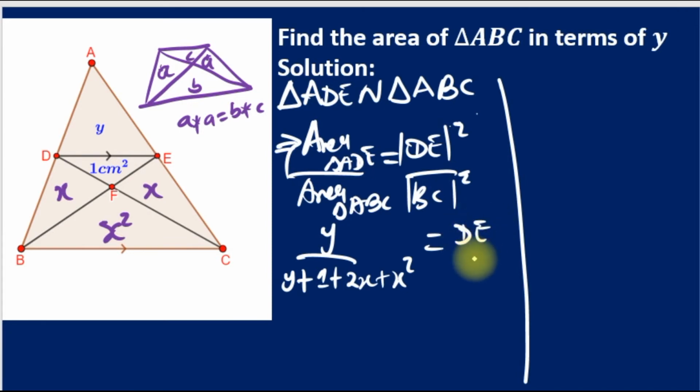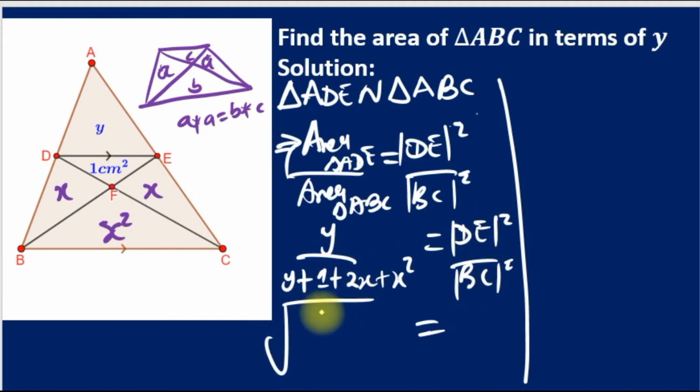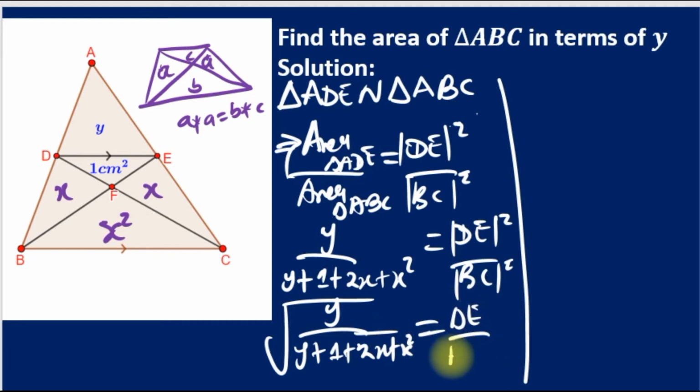DE squared over BC squared, so taking the square root, we get the square root of y over y plus 1 plus 2x plus x squared equals DE over BC. So let's call it equation 1.